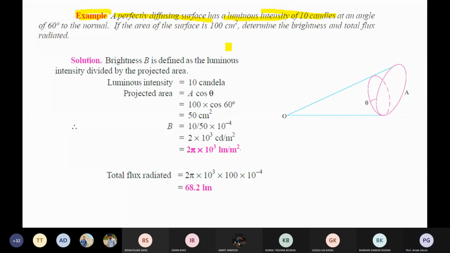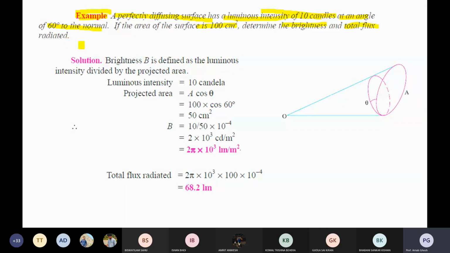So it is written: the perfectly diffusing surface has an illumination intensity of 10 candela at an angle of 60 degrees to the normal. If the area of the surface is 100 centimeters square, determine the brightness and the total flux radiated. That you have to find out.